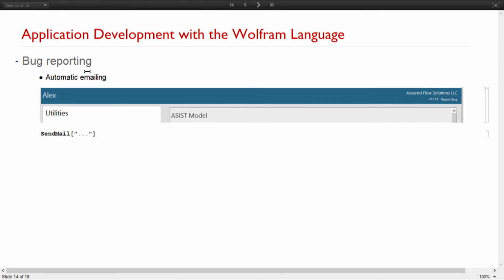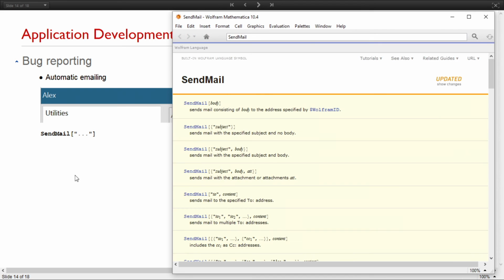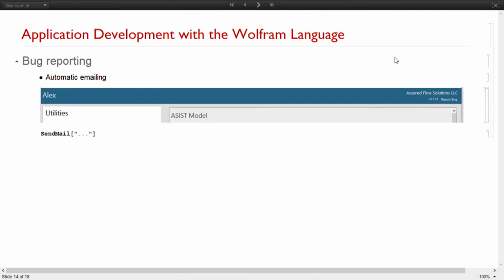Bug reporting. So right away, when I first built this, I built in the upper right corner this little button, report bug, and it uses the SendMail function to basically send me an email, and with that email, I'll get information about all the variables in that utility, what current utility they're using, and you can take a front-end screenshot using Mathematica code, and it'll send me a screenshot of that.